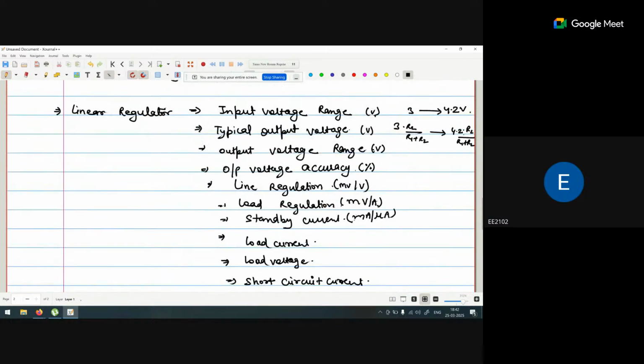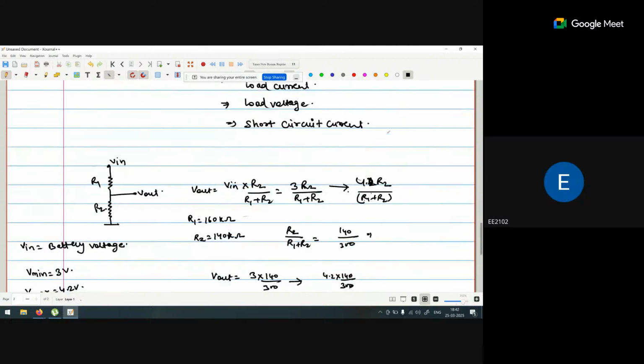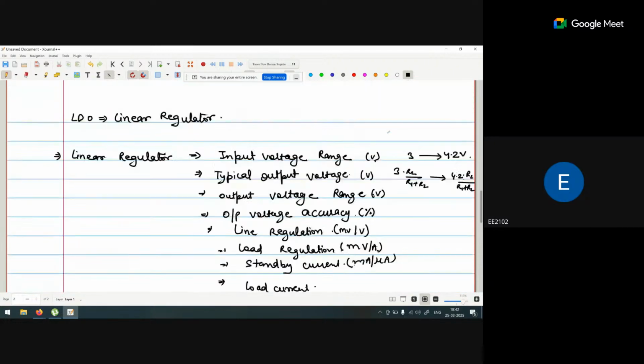So I can see my output voltage is 1.4 to 2.5. Now, sorry, this is the output voltage range.